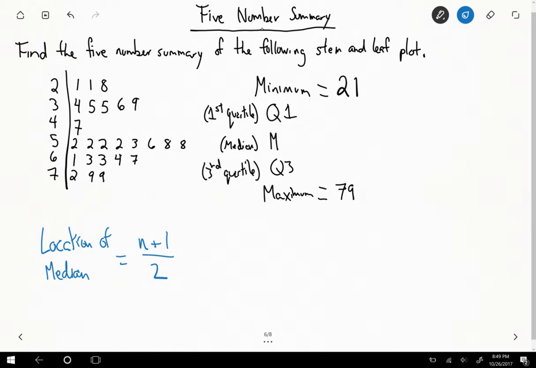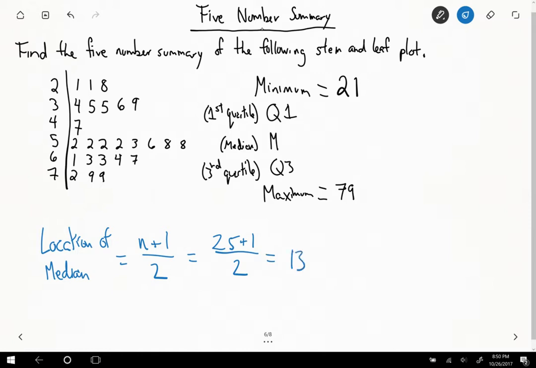Okay, so let's start counting. We have 3 here. There's 6, 8, 9, 12, 15, 17, 22, then that makes 25. So notice this means that we have 25 plus 1 divided by 2, so our median location should be 13.